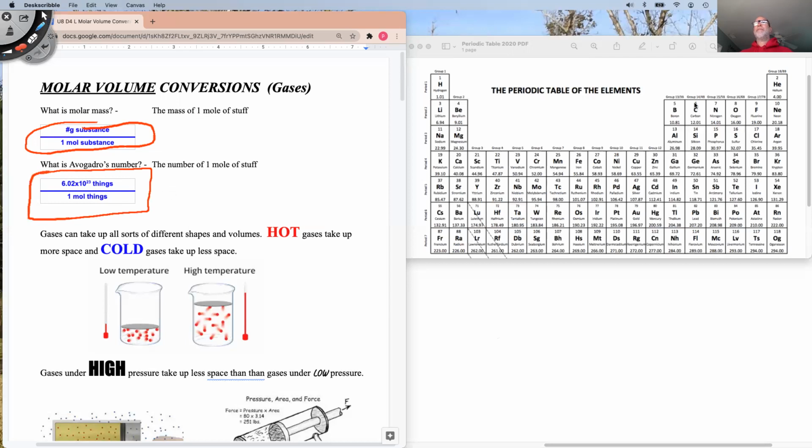For example, if we have 12.01 grams of carbon, and we know that 12.01 grams of carbon equals 1 mole of carbon, then we know how many atoms of carbon we have, because 1 mole is 6.02 times 10 to the 23rd.